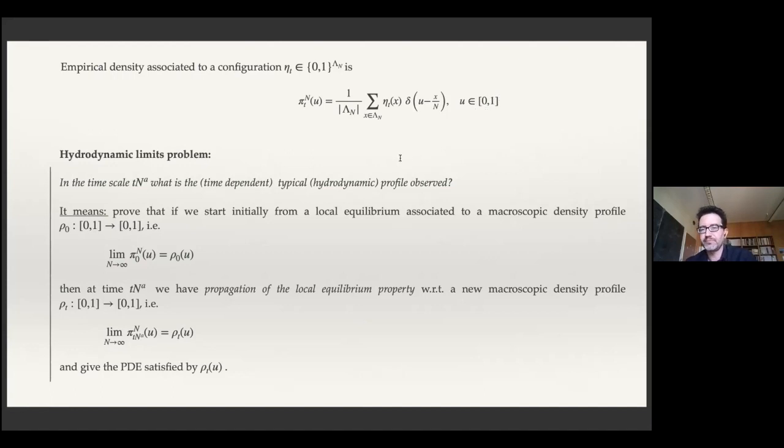Okay. And typically the first question that you address is the following. It is called the hydrodynamic limit problem.